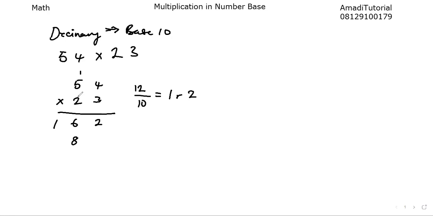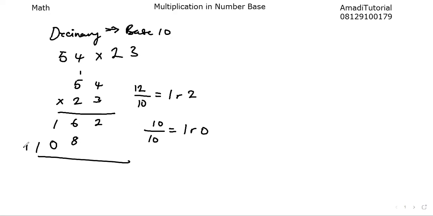Then 2 times 5 is 10. We will write 0 here, carry 1. Why do we do that? Because 10 divided by the base, which is 10, gives you 1, remainder 0. So you write the remainder first, which is 0, then carry 1.